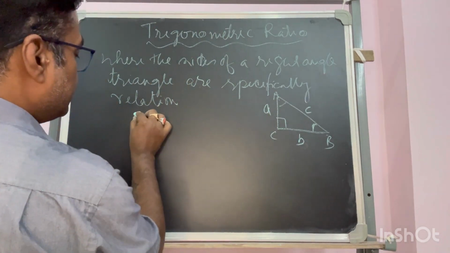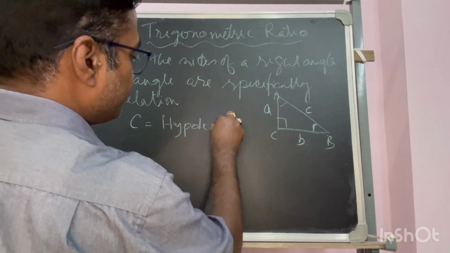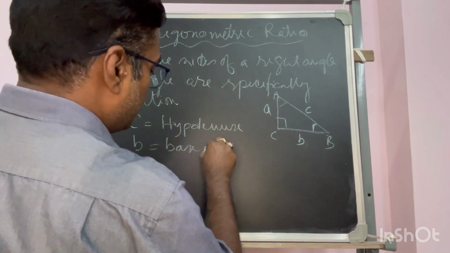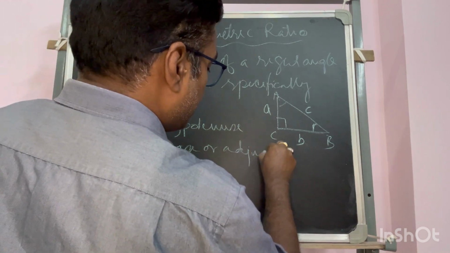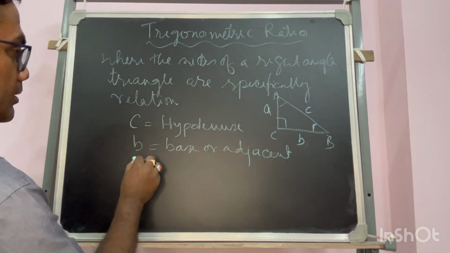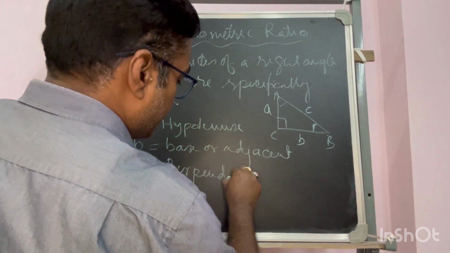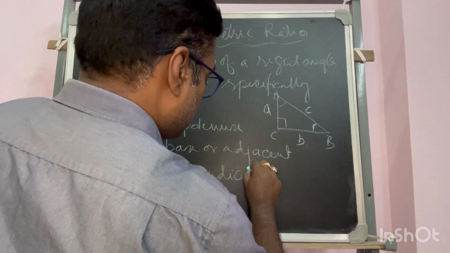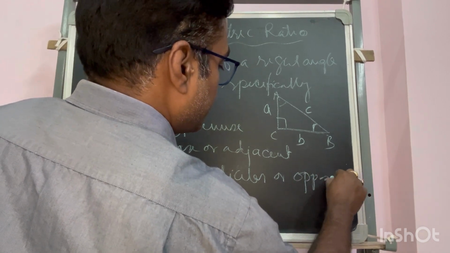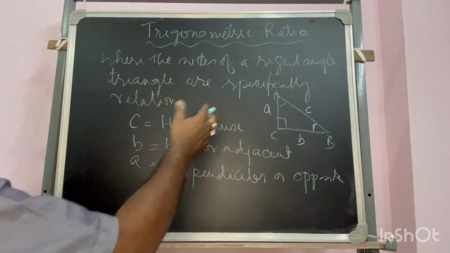So C, opposite the right angle, is the hypotenuse, B is called the base or adjacent, and A is called the perpendicular or the opposite side. Okay, so these are the nomenclature or the associated terms.